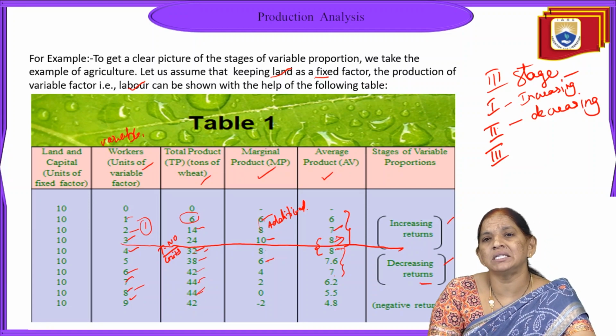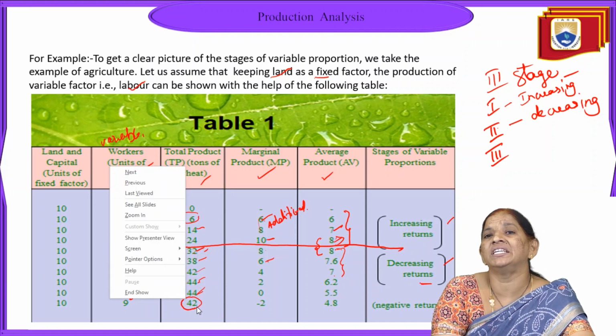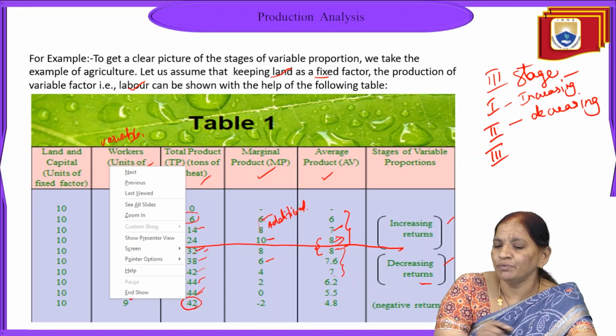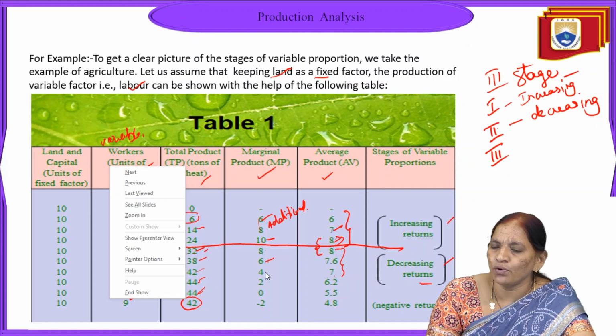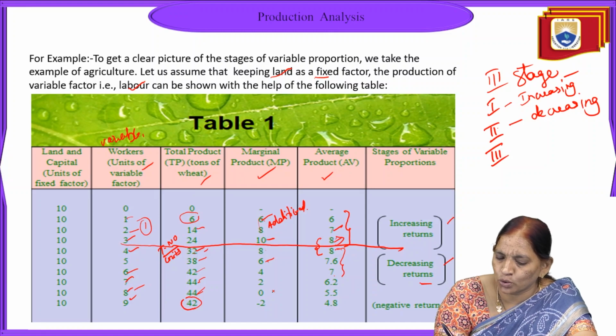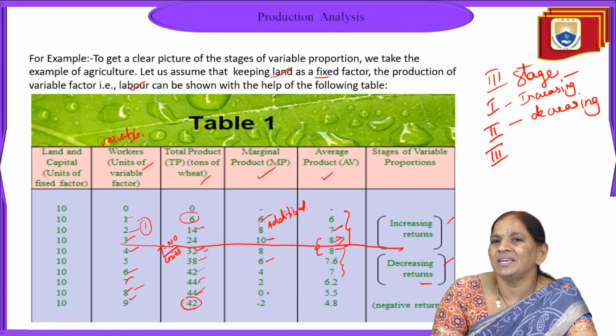Maybe I increased another labor, now I am getting total production at a decreasing level, from 44 to 42. And when you identify the marginal, that is additional production, 6 to 4 decreased, 4 to 2, and hereafter, when the total production was constant, we have 0 additional production.